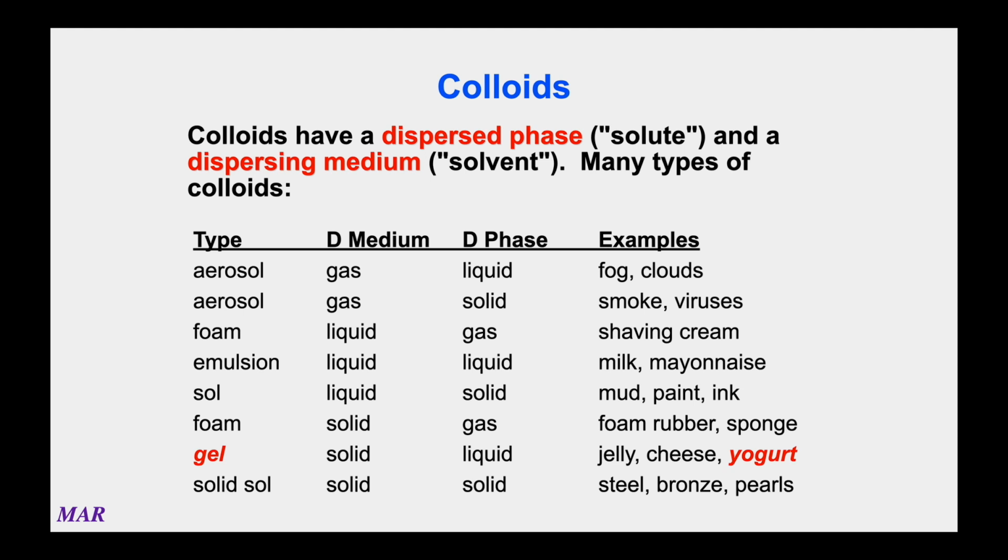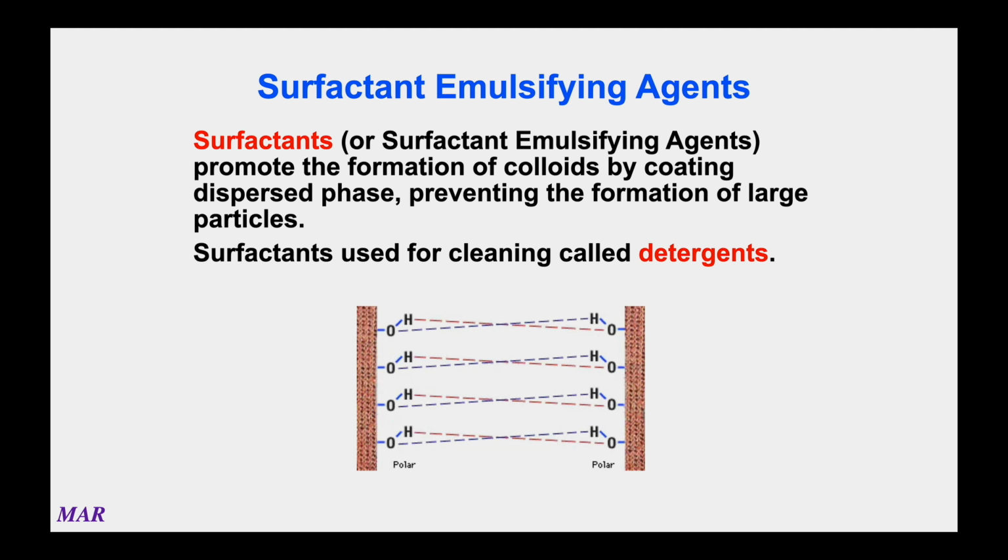All of these things are also types of homogeneous mixtures, but because the particles are bigger, you're going to see these different effects. You'll see the Tyndall effect and stuff like that. So it's really interesting. There's a lot of colloids and suspensions around us all the time that make things much more interesting.